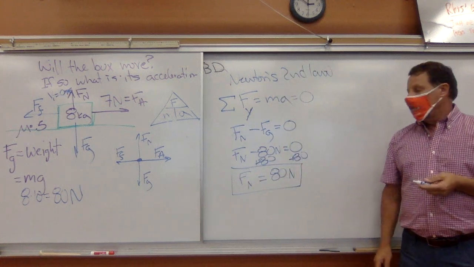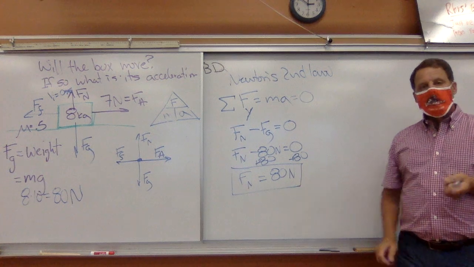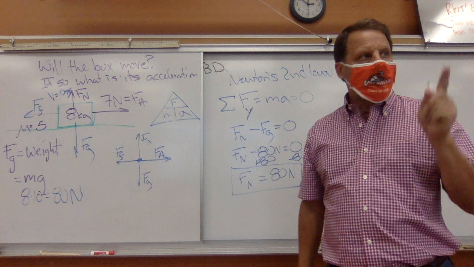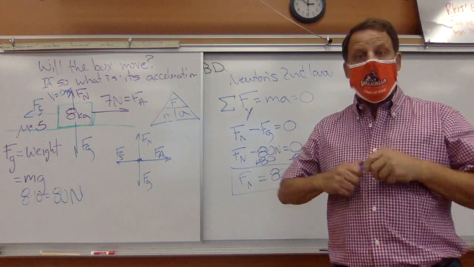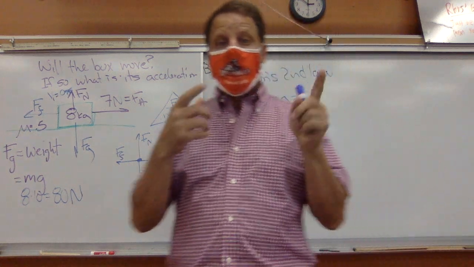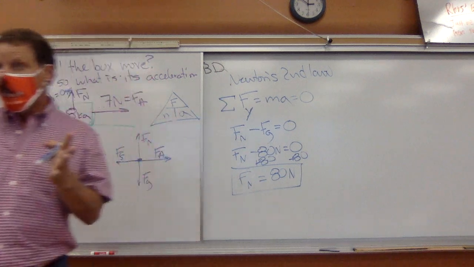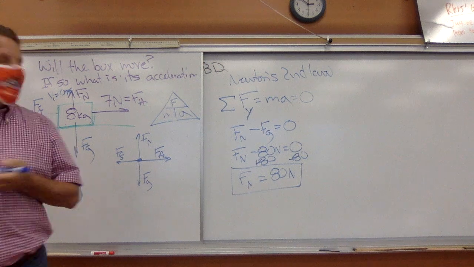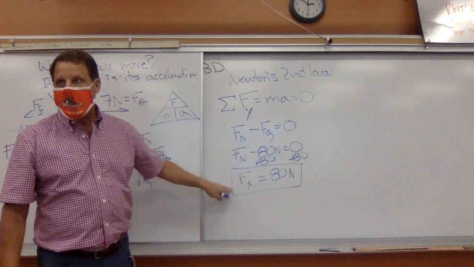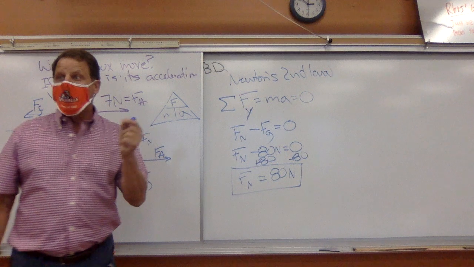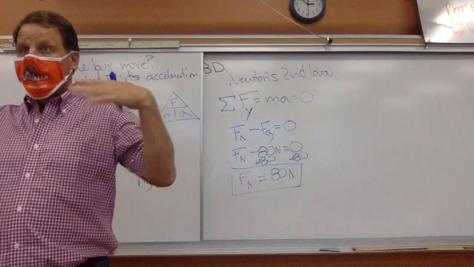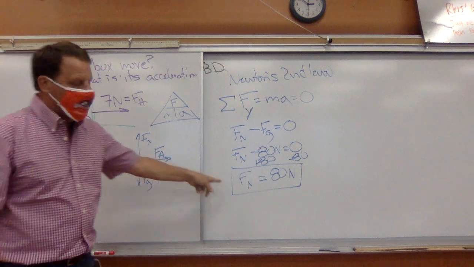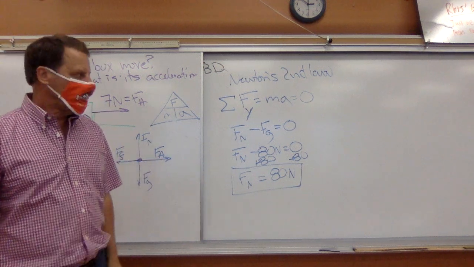Now, you guys, the normal force is not always equal to the weight. But for our purposes right now, the normal force is going to equal the force of gravity. So you don't necessarily have to do this calculation to know what the normal force is for now. We now know the normal force is 80.